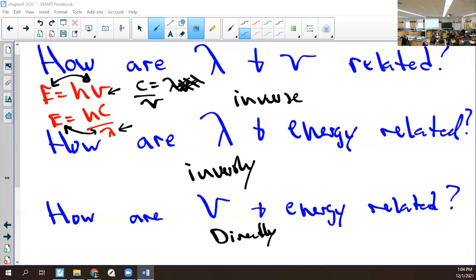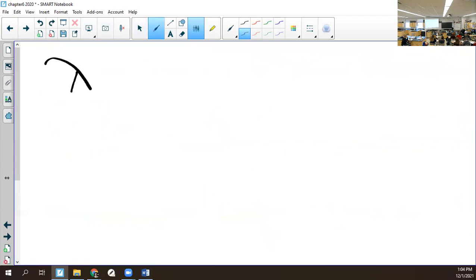Then it says electromagnetic radiation with a wavelength of a certain number. I'll make it up. All right, appears as a certain color. We'll just say blue. All right, to the human eye, the frequency of the light is blank.